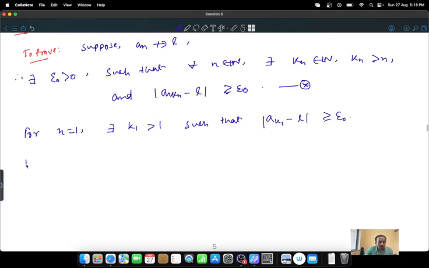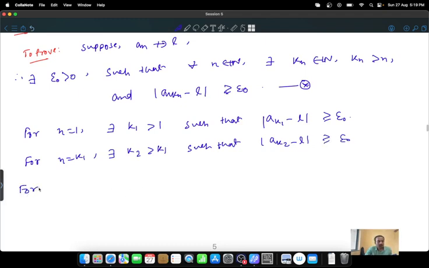Now if you take n equals k_1, that is also a natural number, so there exists k_2, greater than k_1, such that mod of a_{k_2} minus l is greater than or equal to epsilon naught, right?